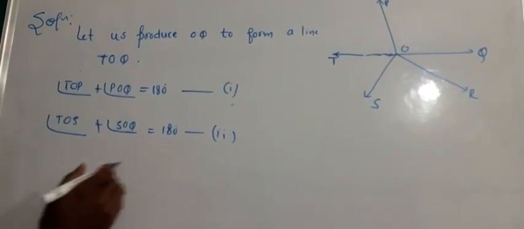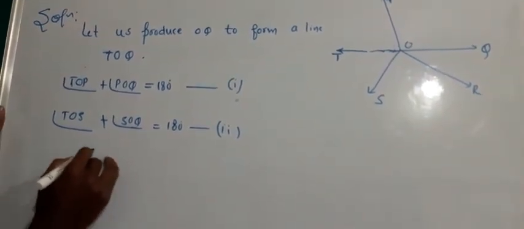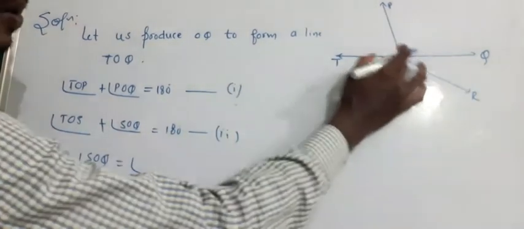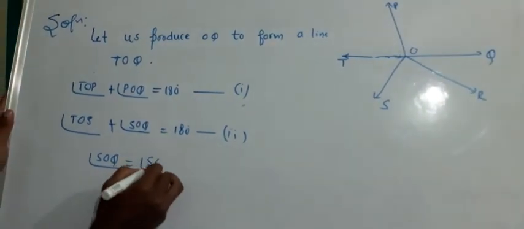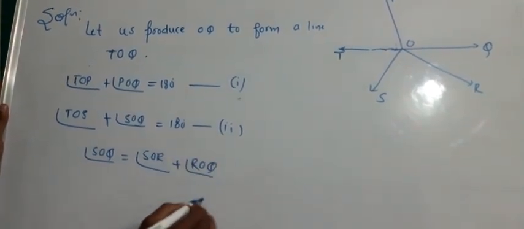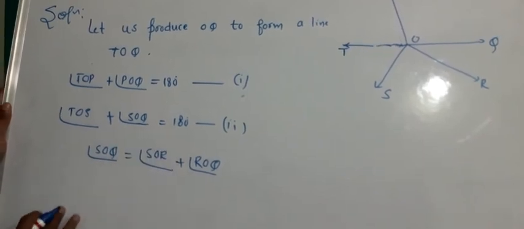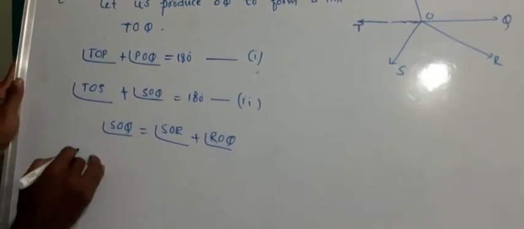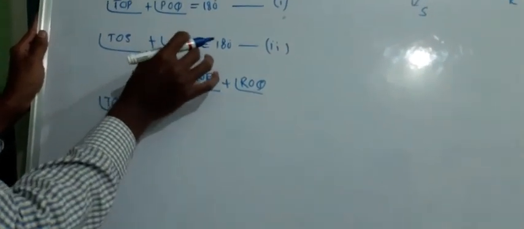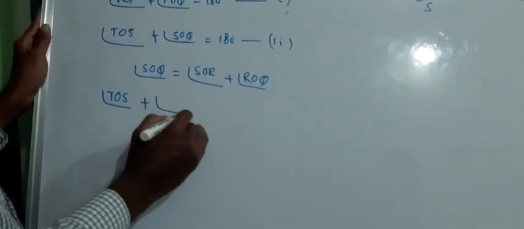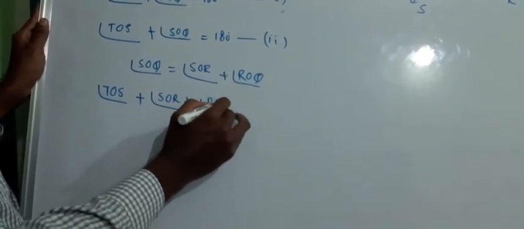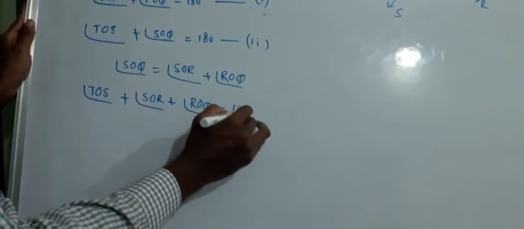Now, angle SOQ can be written as angle SOR plus angle ROQ. So I am going to replace it in equation 2, that is angle TOS plus, in place of SOQ, angle SOR plus angle ROQ, which is equal to 180 degrees.